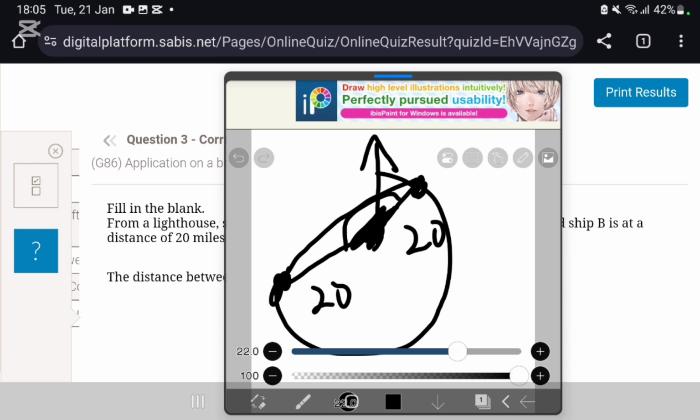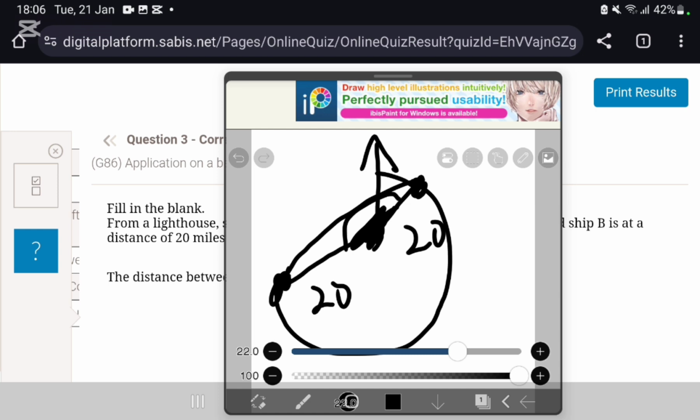We can do the cosine rule, which is 20 squared plus 20 squared minus 2 times 20 times 20 times cosine 120.